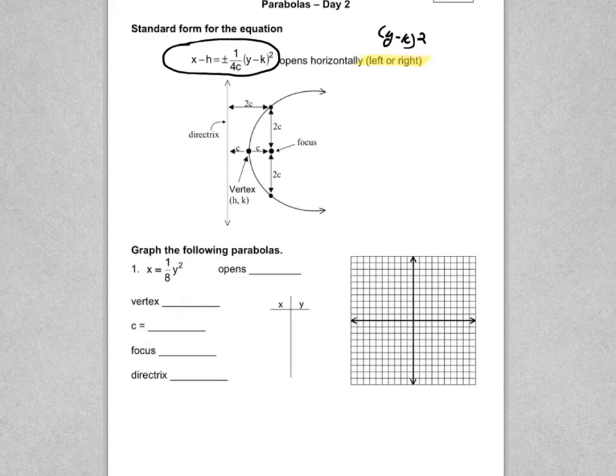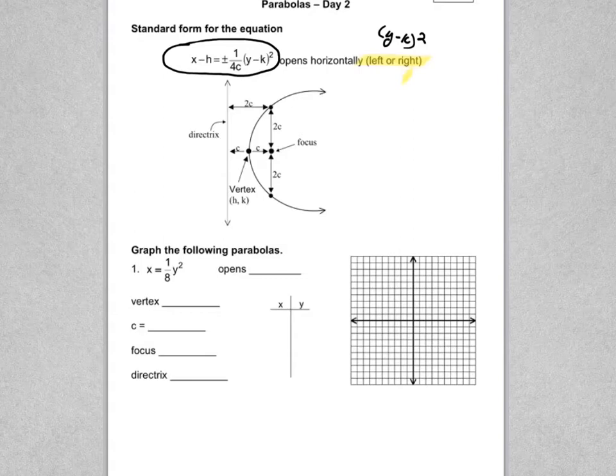This a, what we called a in the original function, the stretch or compression, is 1 over 4c. Plus or minus means it opens up or down, or excuse me, left or right. And in this case, if it's plus, and this is what you're not used to seeing, plus is right.